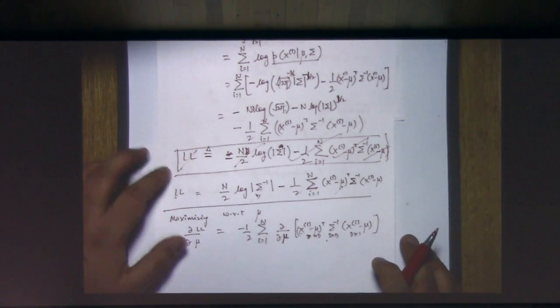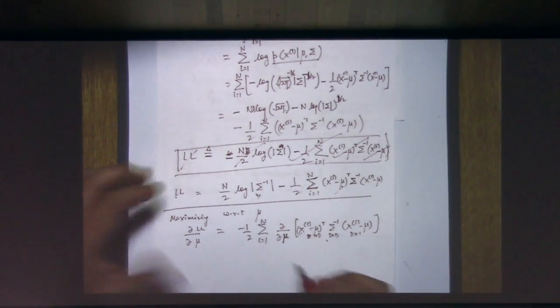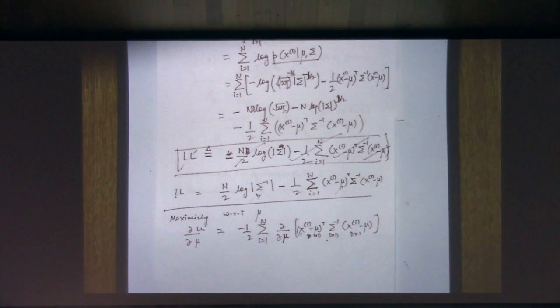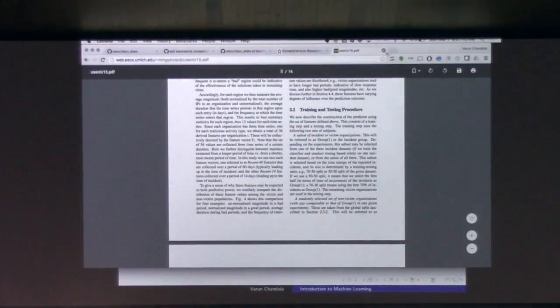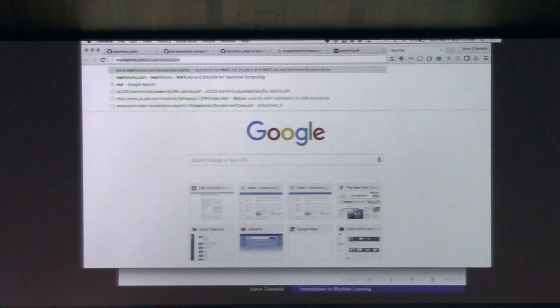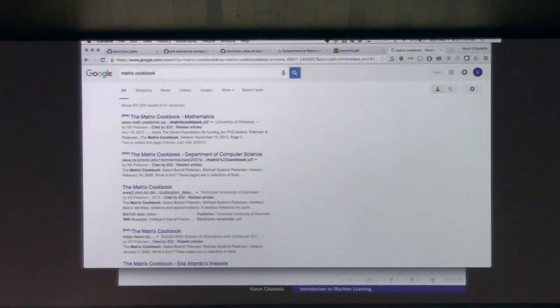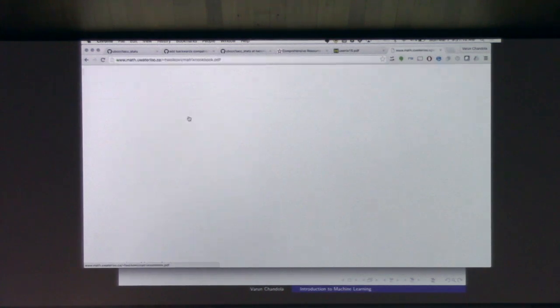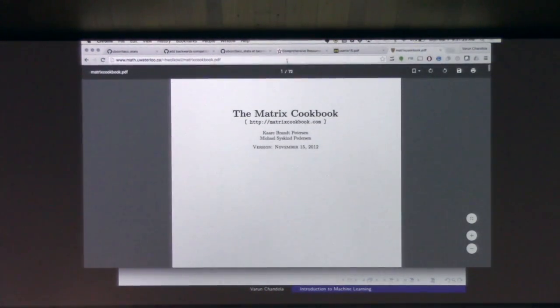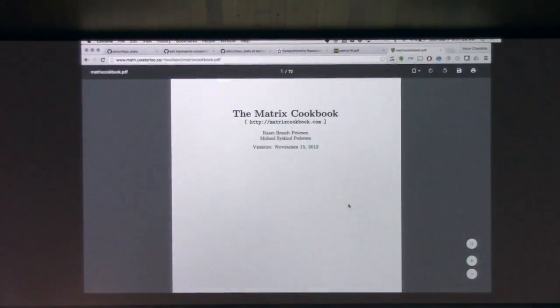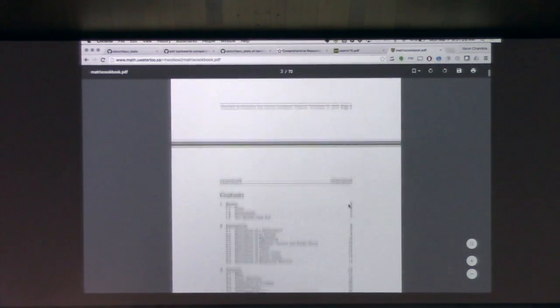That's actually fairly easy if you refer to the matrix cookbook. Let me introduce this very fascinating resource that I suggest all of you download on your computer, which is called the matrix cookbook. If you search on the internet, and it's also there on Piazza, it's a fairly detailed resource, 72 pages, which has a lot of results related to matrices and vectors.